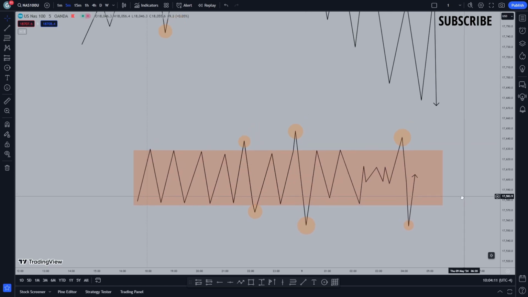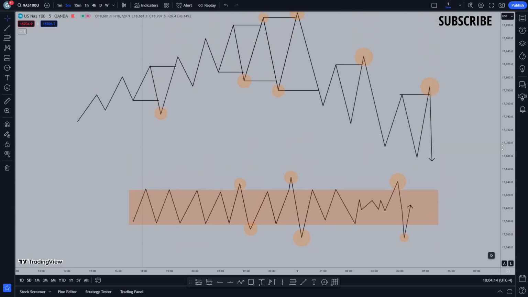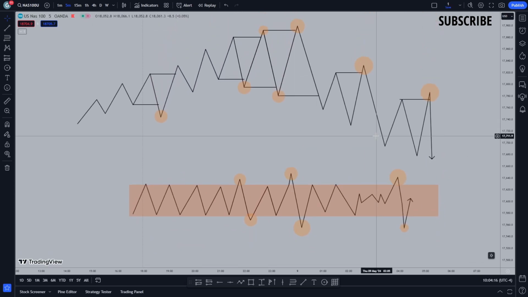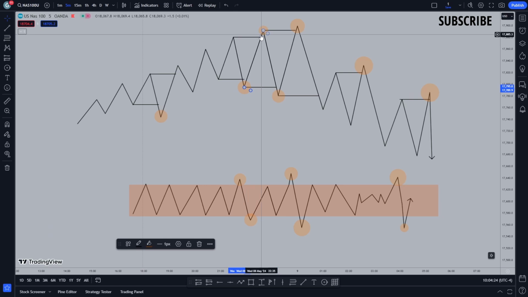So the thing which I'm trying to say about both of these structures is, what if I tell you that you should take trades at these orange spots. Okay, if you don't look through this lens of higher highs and higher lows, you can look for your entry on these orange dots.